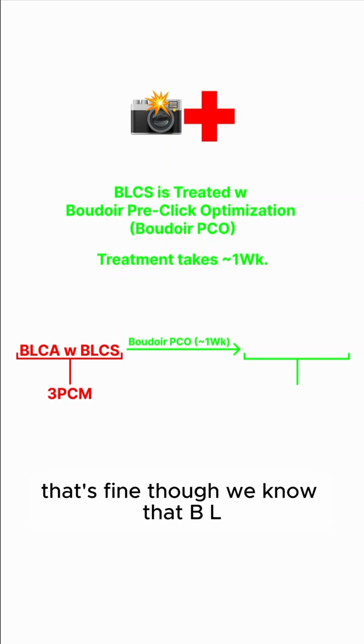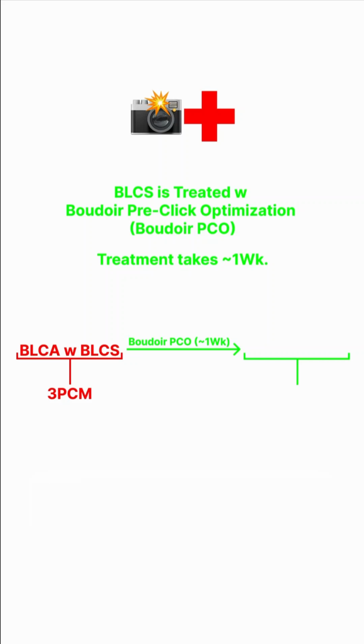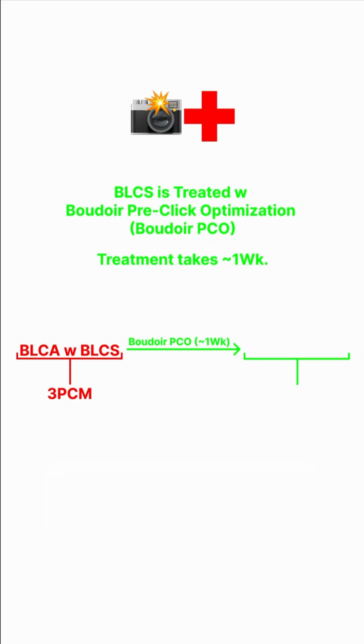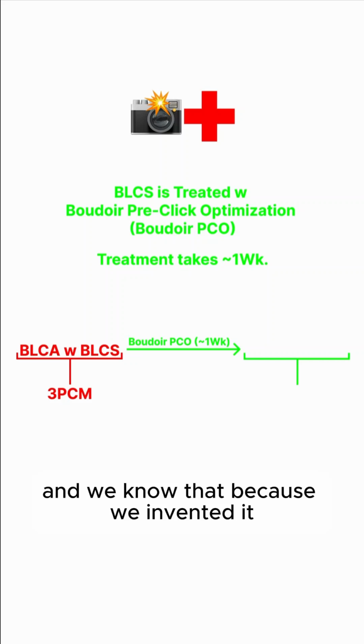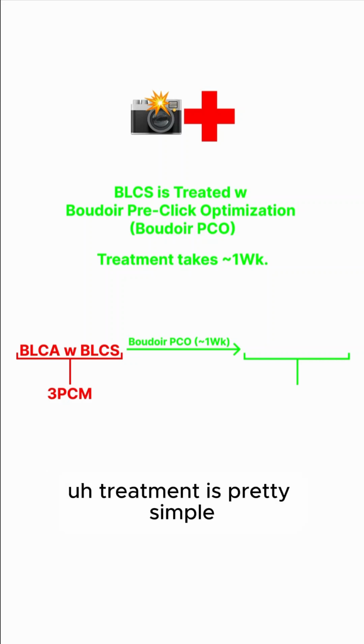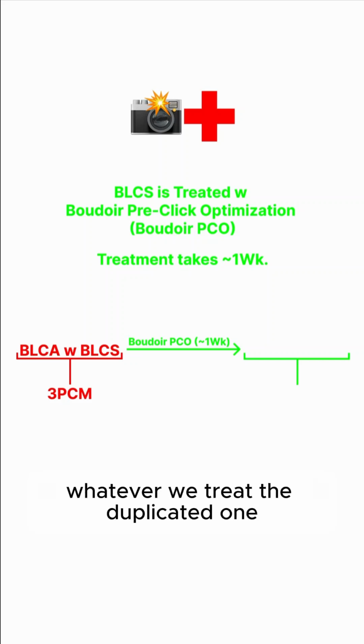That's fine though. We know that BLCS is treated with Boudoir pre-click optimization, aka Boudoir Pico, and treatment takes about a week. And we know that because we invented it and we've been doing it a bunch already. Treatment's pretty simple. We duplicate the current ad, so we leave the original as it is, on or off, running, whatever.